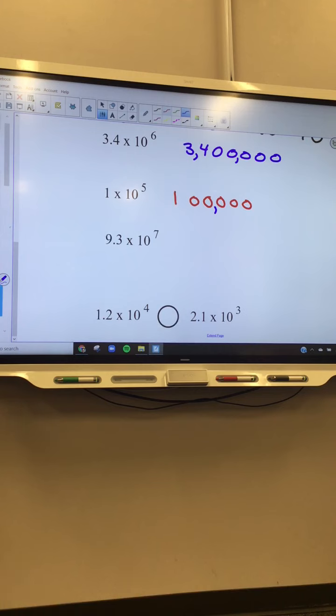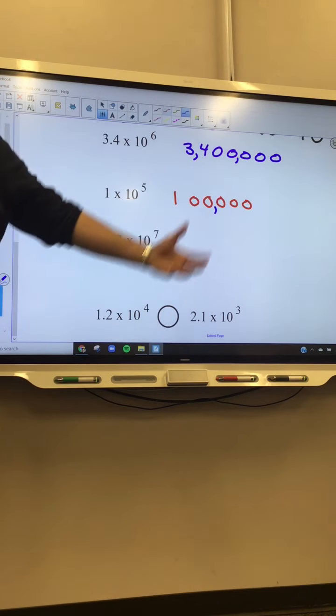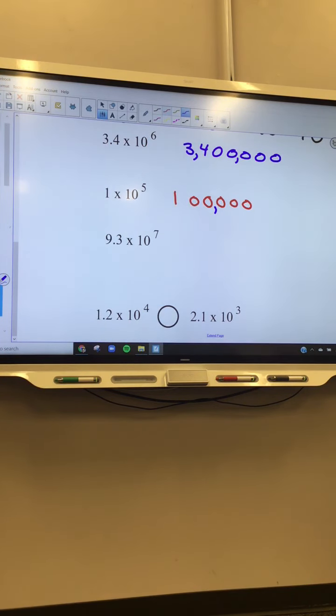Okay. The biggest thing with this one is just making sure you move it over the right amount. You don't want to take that big number and multiply it by 10 again, so now you suddenly get this extra large number. Try 9.3 times 10 to the 7th on your own.